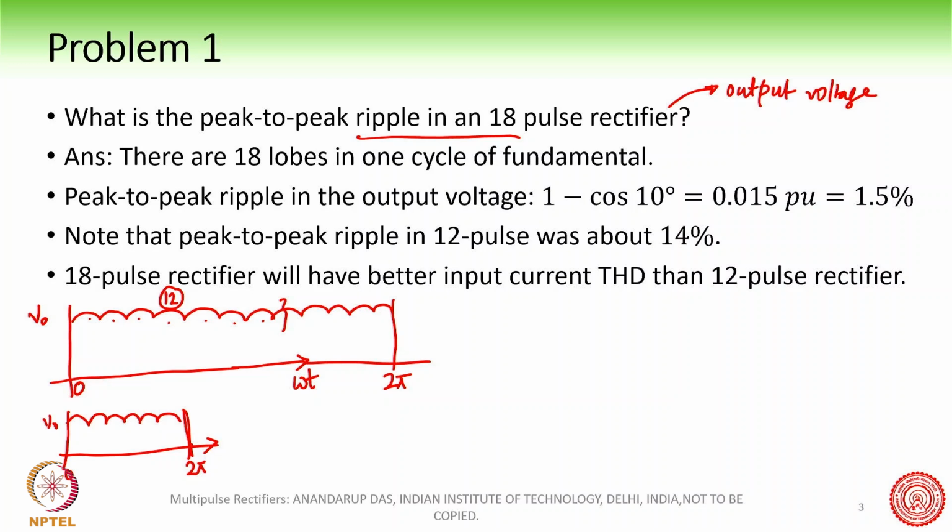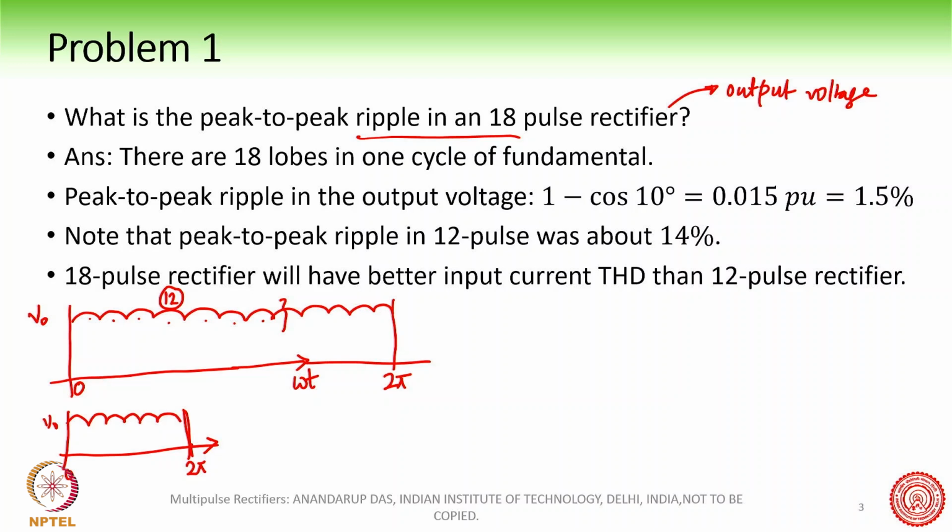Similarly, in an 18 pulse rectifier, the number of lobes will be 18, extrapolating the same concept. If you have a 24 pulse rectifier, the output voltage will have 24 lobes. So the output voltage becomes closer and closer to DC.